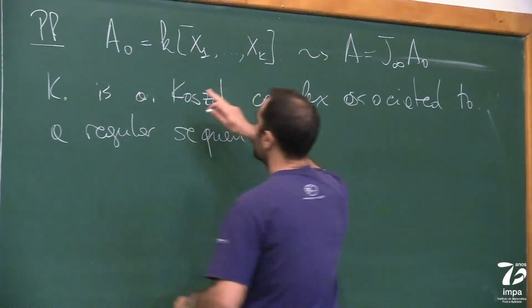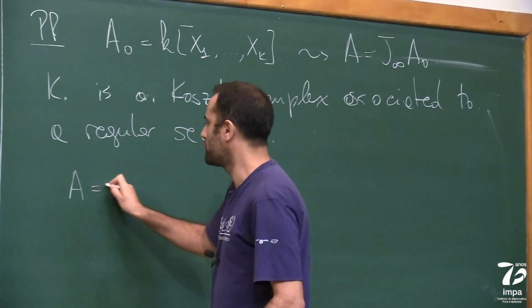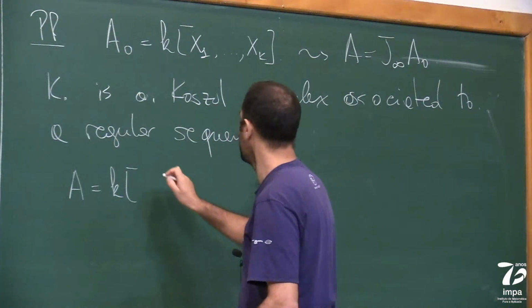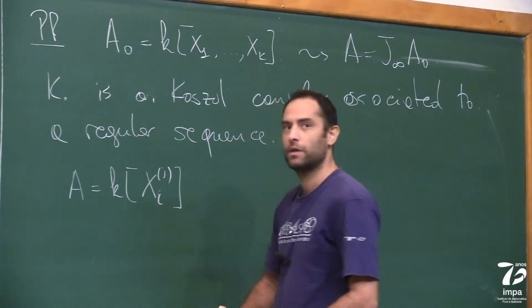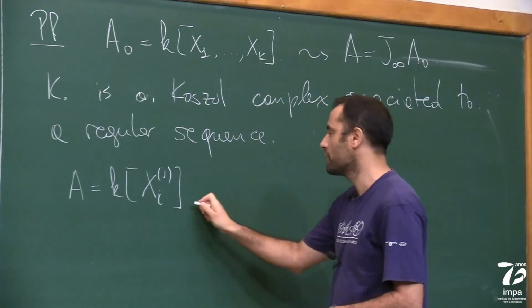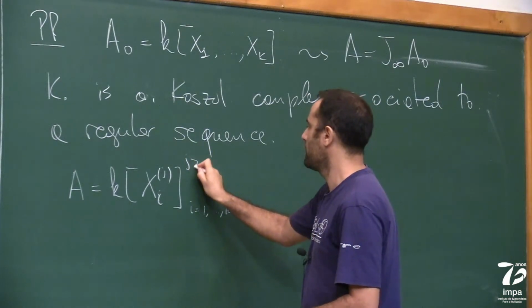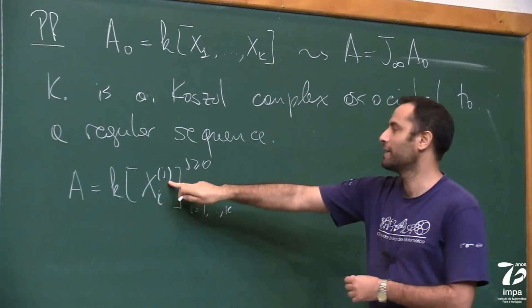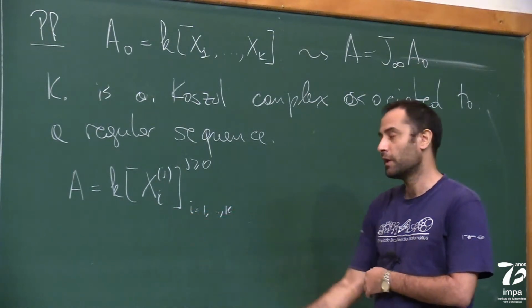In that case, A itself is a non-Noetherian algebra. Anne explained this: it's a polynomial algebra in infinitely many generators x_{ij}, where i goes from 1 up to k, and j is greater than or equal to 0. I can consider j as the number of derivatives that I'm taking of each one of the generators.